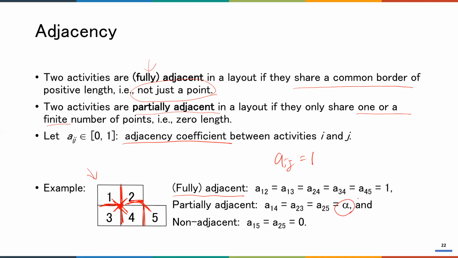Later on, we will try to give it a value, but usually alpha can be changed accordingly. It can be a value more than 0 but less than 1. So it's between 0 and 1. And we have the non-adjacent workstations. For example, 1 and 5 are not adjacent to each other.